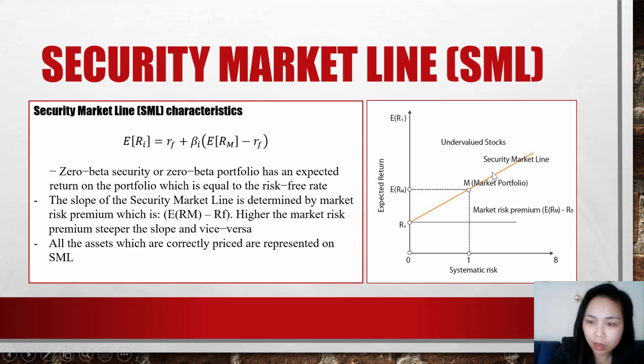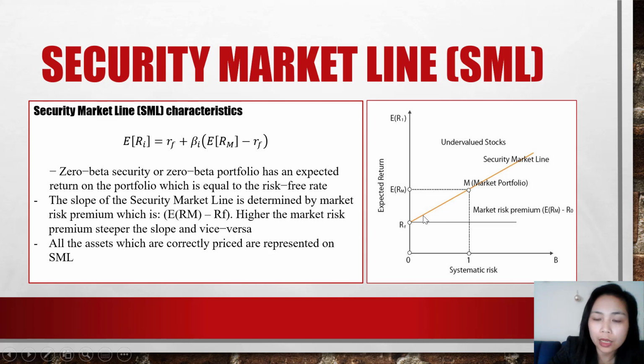So there are two conclusions here. On the capital market line, the efficient portfolio lies on the capital market line. And for the security market line, we got all the assets which are correctly priced are on the security market line. So the orange line here is the security market line, right?